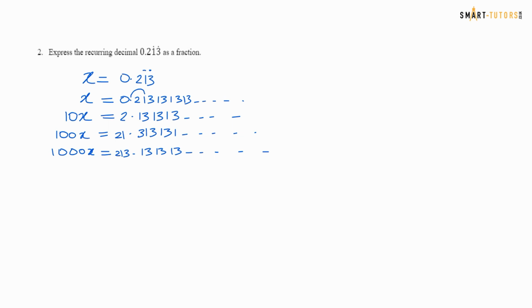If you look at this equation and this equation, the decimal part is the same, 1313. So 1000x take away 10x is 990x equals 213 take away 2, which is 211. So the answer is x equals 211 over 990. You can leave it like that. That is the fraction equal to that recurring decimal.